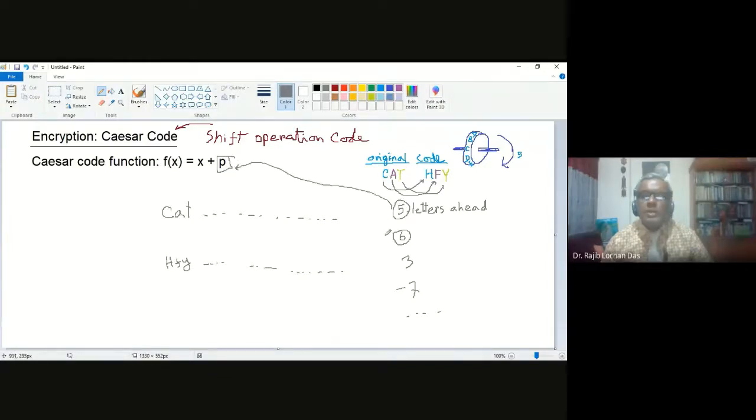Sometimes it may be negative, sometimes positive, but this is the technique. So the function is f(x) equal to x plus p. P is any whole number, because that is the shifting of the position. So maybe positive, maybe negative, but a whole number. So this is the idea.